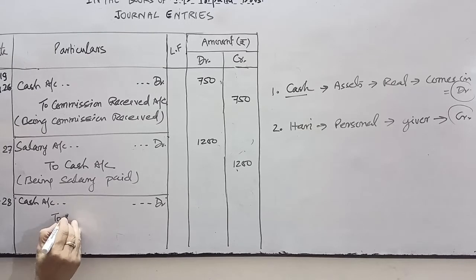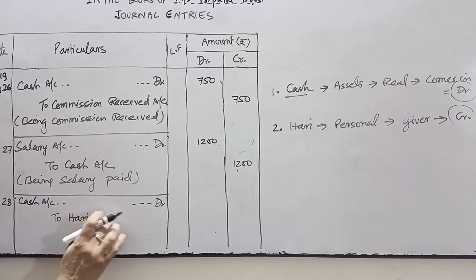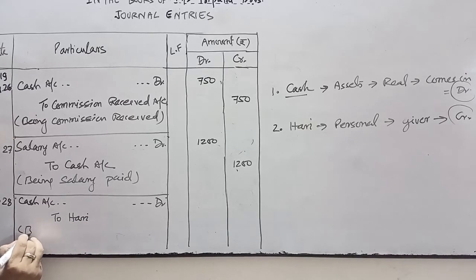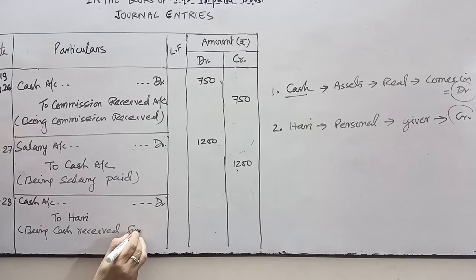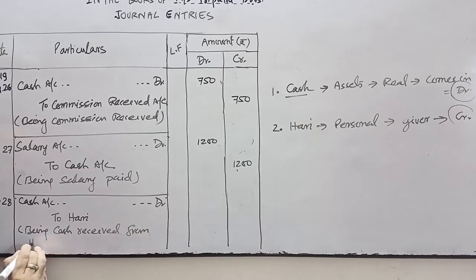So start with the 'to'. Write Hari. You only write Hari. No need to write account. Narration will be being cash received from Hari. That's it.